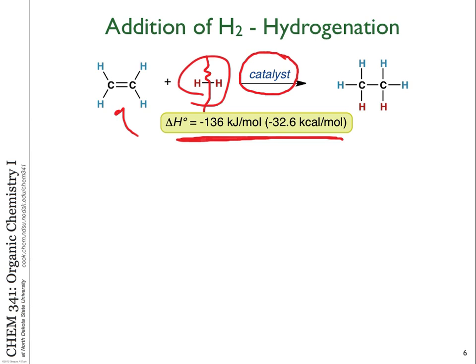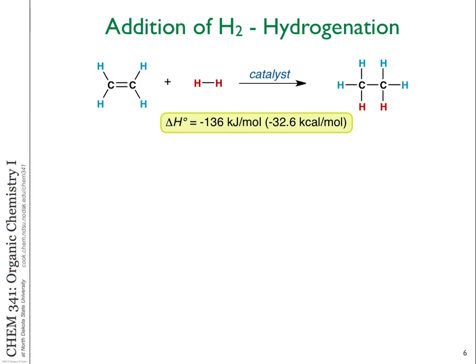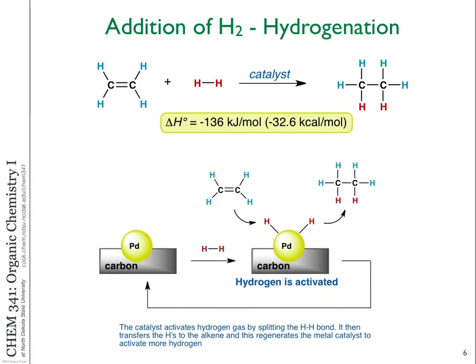So a catalyst is something that remains unchanged in a reaction, but in some way affects the mechanism or pathway to lower the activation energy overall and increase the rate of a reaction. For hydrogenation chemistry, this is usually done by some kind of transition metal.